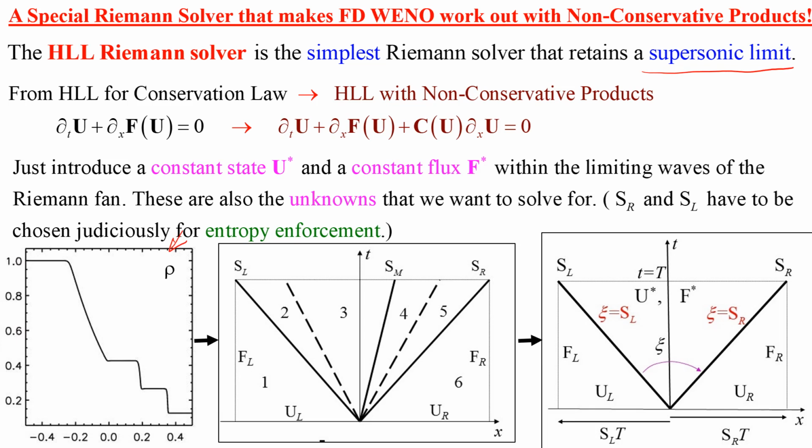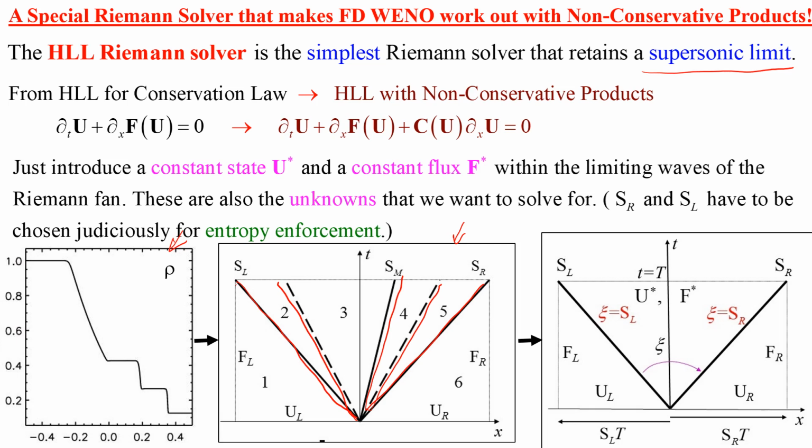Recall that a Riemann problem is always a self-similar solution of a hyperbolic problem, so its space-time diagram should consist of a left-going shock or a left-going rarefaction fan, a right-going shock or a right-going rarefaction fan, and a contact discontinuity. So there's a lot of substructure within this Riemann fan, and notice that this Riemann fan evolves self-similarly because it's evolving along straight lines in space and time.